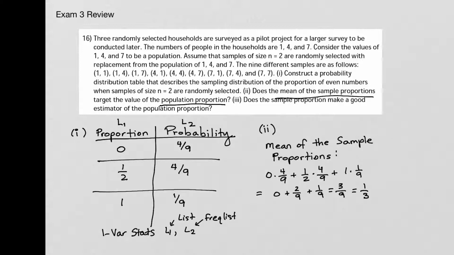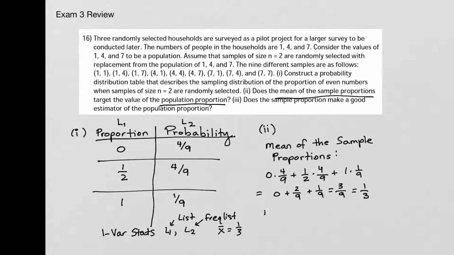So it's going to be one variable stats L1, L2, and when you put that in, you're going to find that X bar equals 1/3, or 0.333. So that's how you would use the calculator to do that. So we have the mean of the sample proportions.